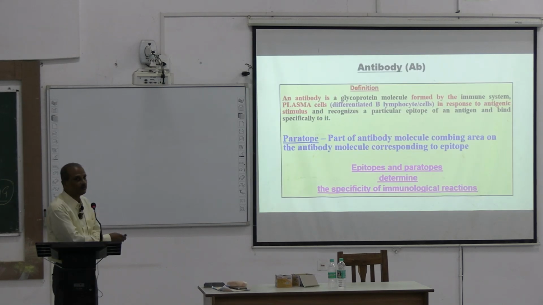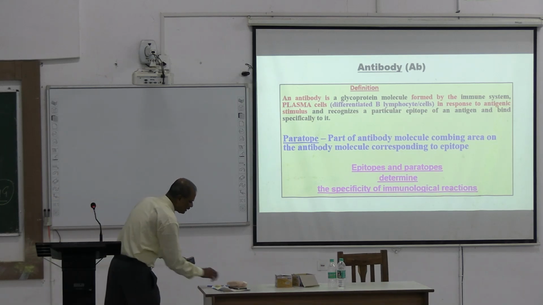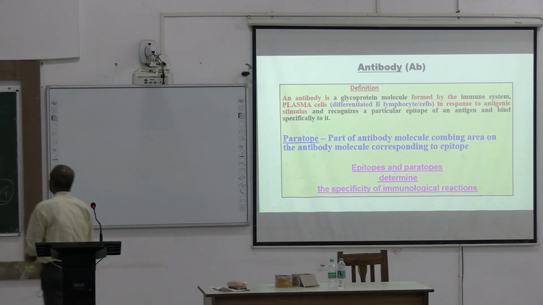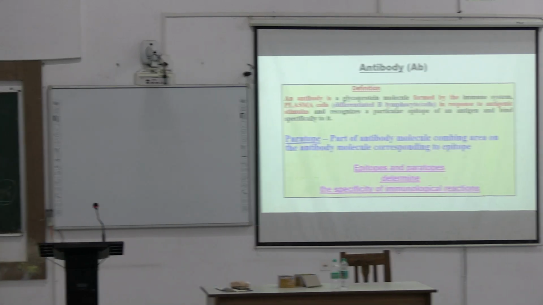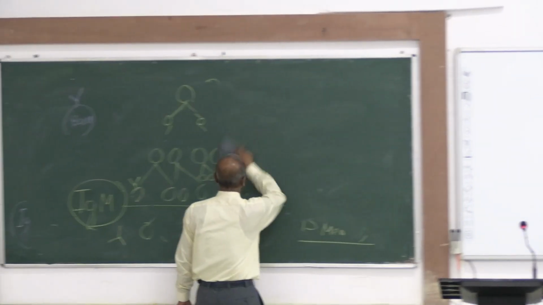Now coming to the antibody, which is the main part. Antibody is basically a biomolecule which is produced in response to antigen and is capable of binding to the antigen. Its main function is to neutralize it. I told you yesterday that not all regions of the antigen interact with the antibody.